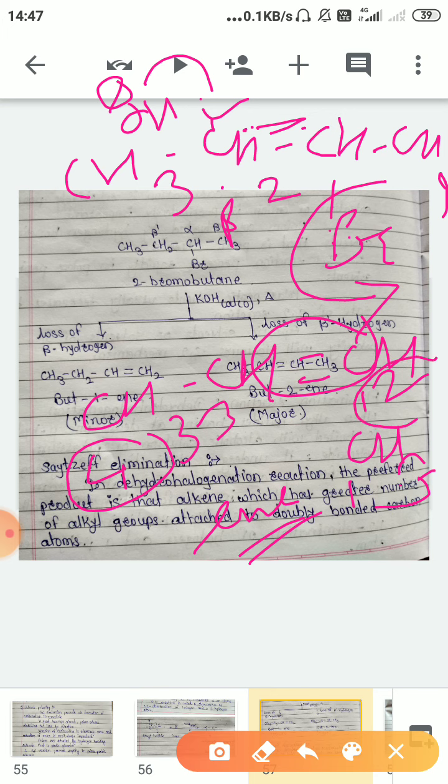We have to mention the position of the functional group, and the position of the functional group is second, therefore but-2-ene. So remember, the product for the removal of beta hydrogen atom will be but-2-ene.